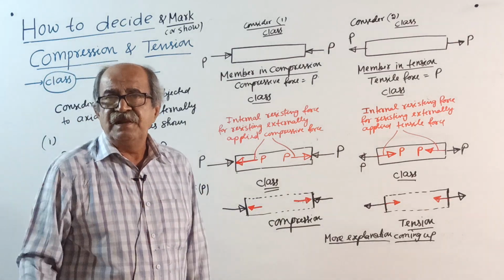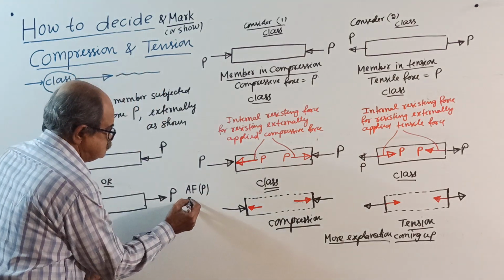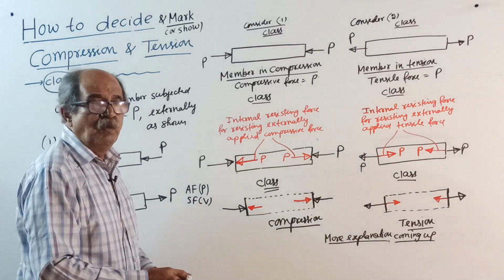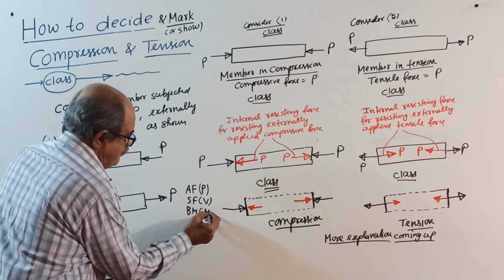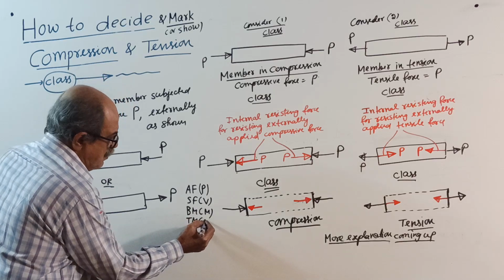Little later in strength of materials, another term will come, called shear force. The symbol is V. Then you will get one more term called bending moment. The symbol will be M. The last term will be torsional moment or twisting moment.